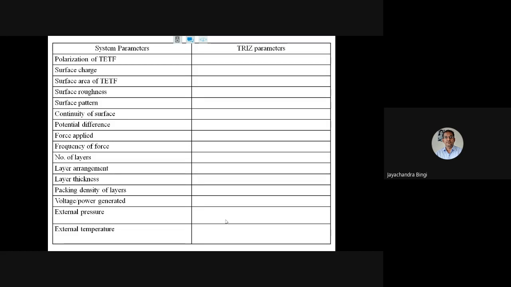Next, thickness. That is very easy. Come on, come on. We don't have time. At least we'll complete the generalizations.